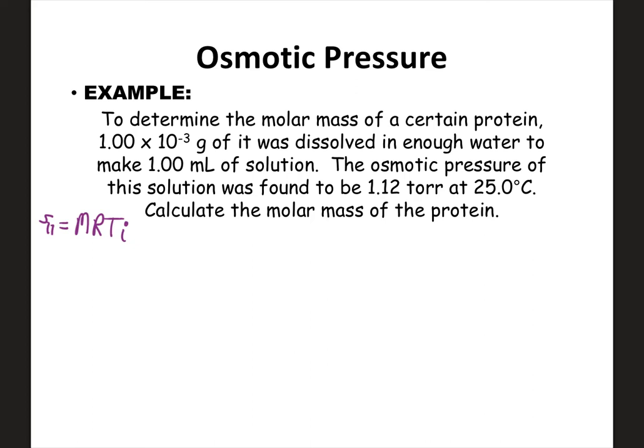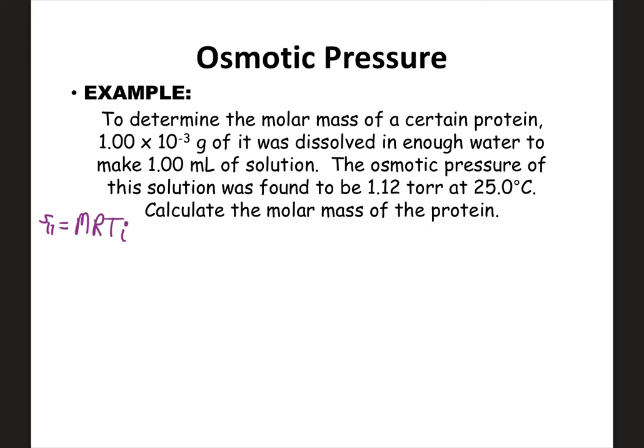So we're going to have to get grams per mole here, because that's molar mass. Well, if you notice, they gave us the grams of the protein. So we're going to have to use molarity to get to the moles of the protein, so I can do grams per mole. You just have to be very careful here with your units. Remember, R is this gas constant, and its units are going to drive our problem. So it's in liters times ATM over moles times Kelvin.